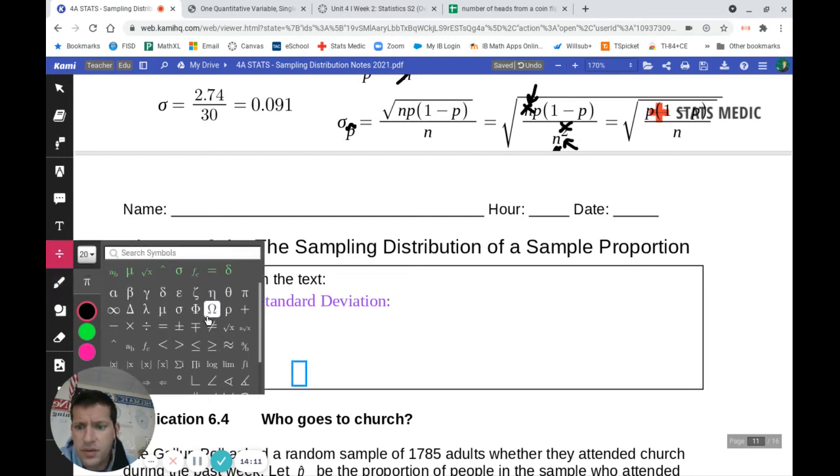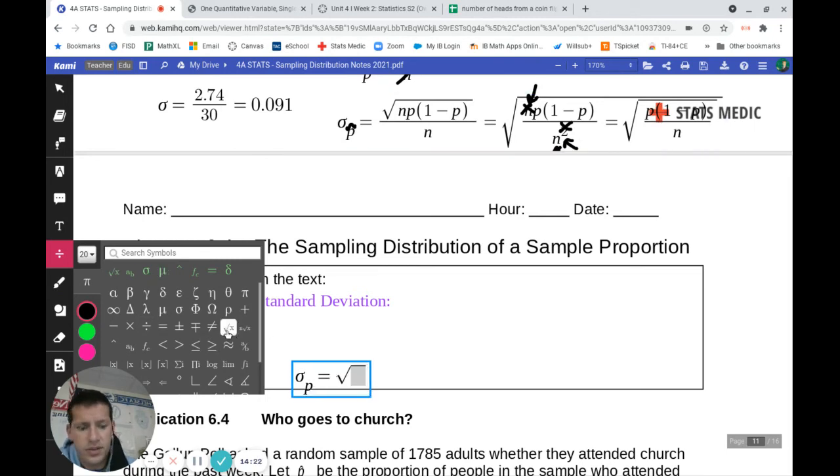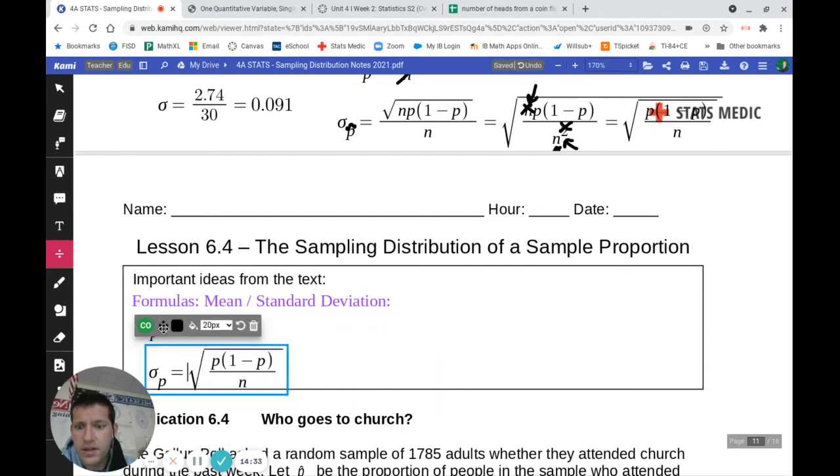For our equations, we want sigma subscript p hat equals a square root. So we're going to rewrite what was kind of hidden over here: the square root of p times 1 minus p divided by n. Let's put that where we can see it nice and easily.